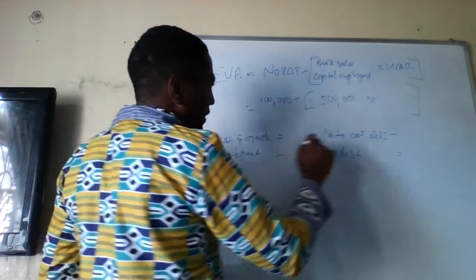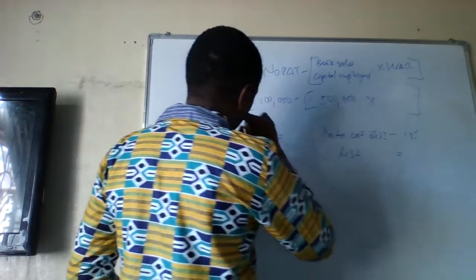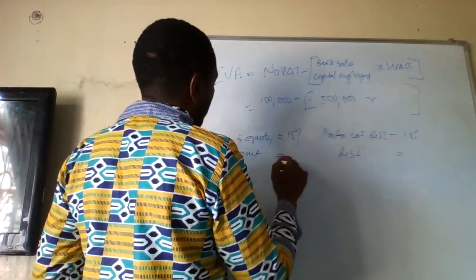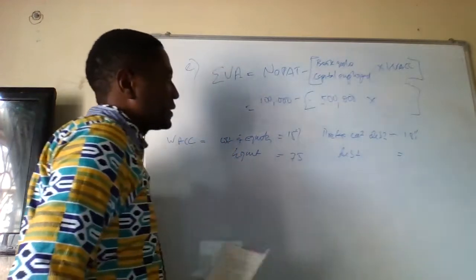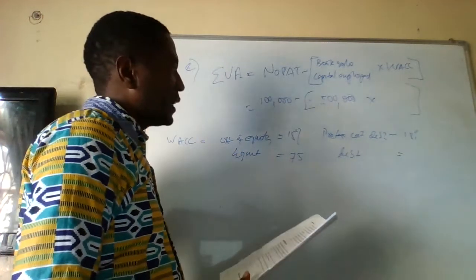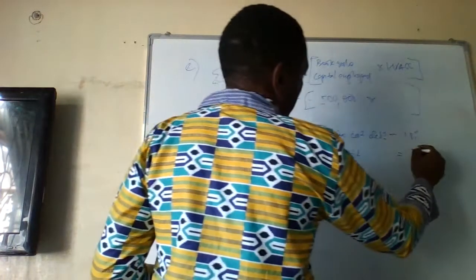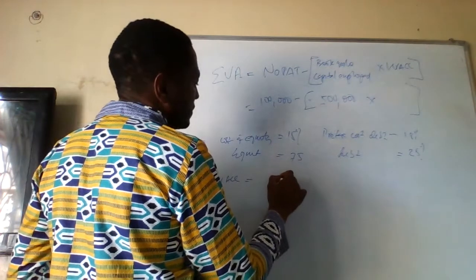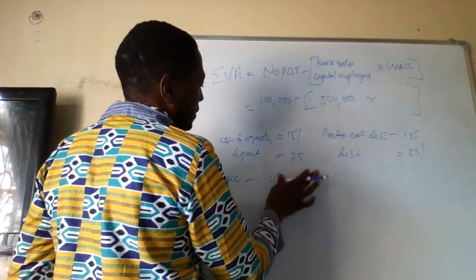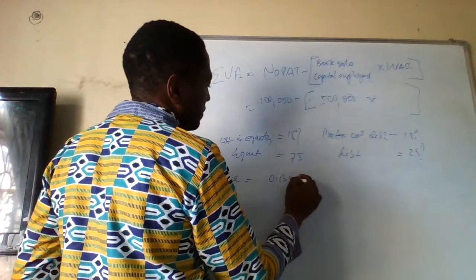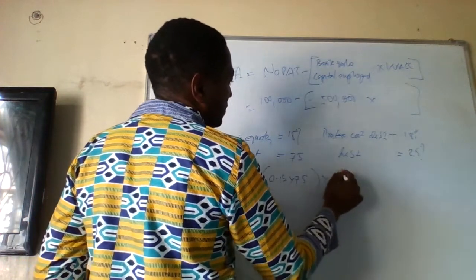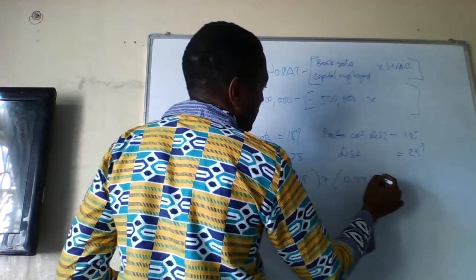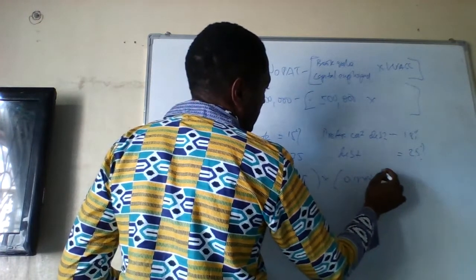So let's assume that the pre-tax cost of debt is 18%. The cost of equity is given as 15%. Then equity is 75%, and debt we are going to give as 25%. So to calculate WACC, you simply say 15% multiplied by equity 75%, plus the pre-tax cost of debt, 18%, multiplied by the debt, 25%.